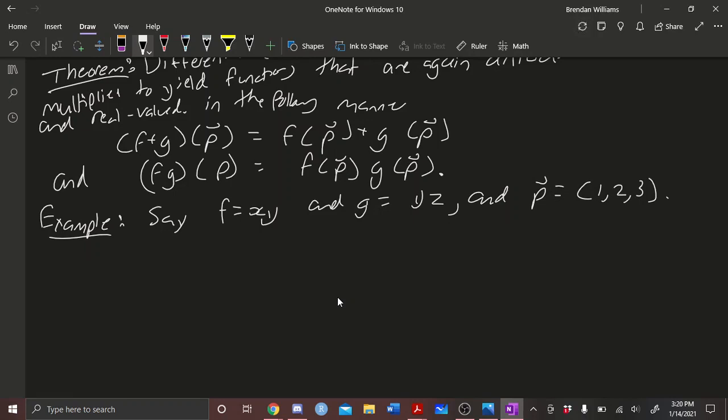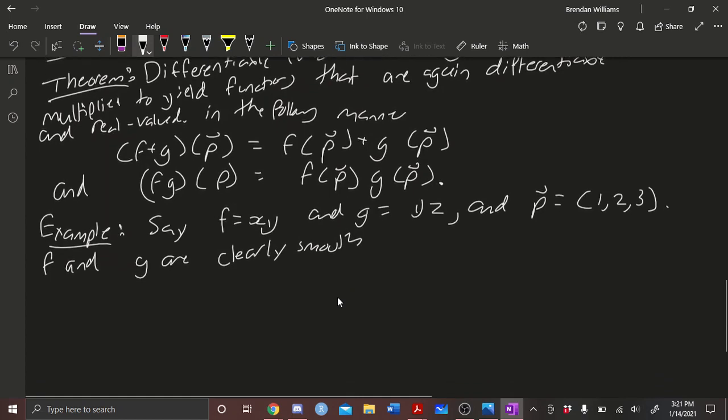So f and g are clearly smooth, and this is because x, y, and z are all individually smooth, and you're just multiplying them together. So by the previous theorem, that's true.